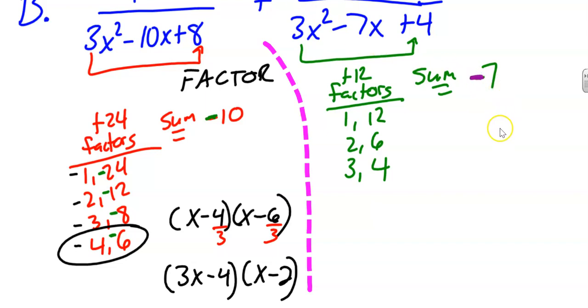Again, the B term is negative, so that sign has to go with the bigger number. If we do a positive divide by negative, that makes the other number also a negative. Okay, so it's got to be the 3 and the 4.